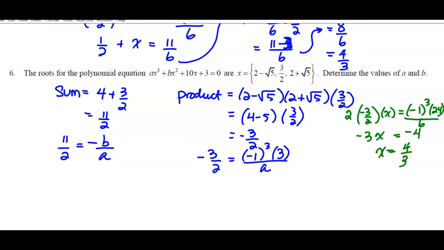So notice how here we just have one of the variables. So you can solve for A right away.